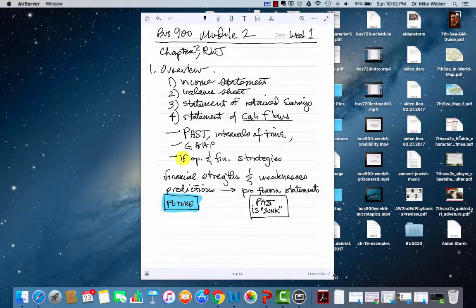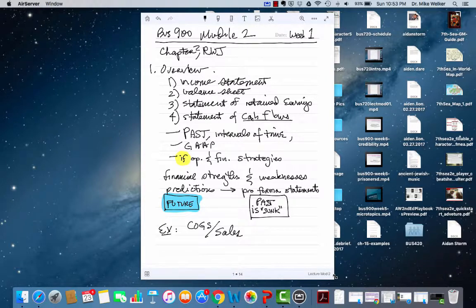Now, as an example, suppose we looked at the cost of goods sold to sales as a ratio. Cost of goods sold is often abbreviated COGS.